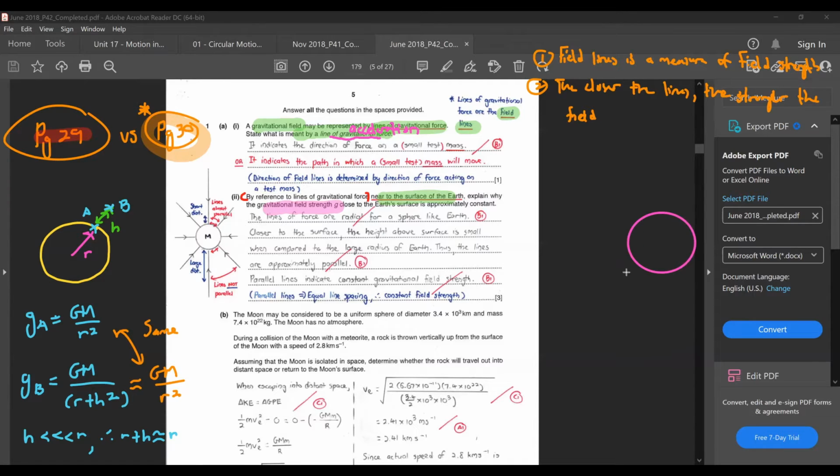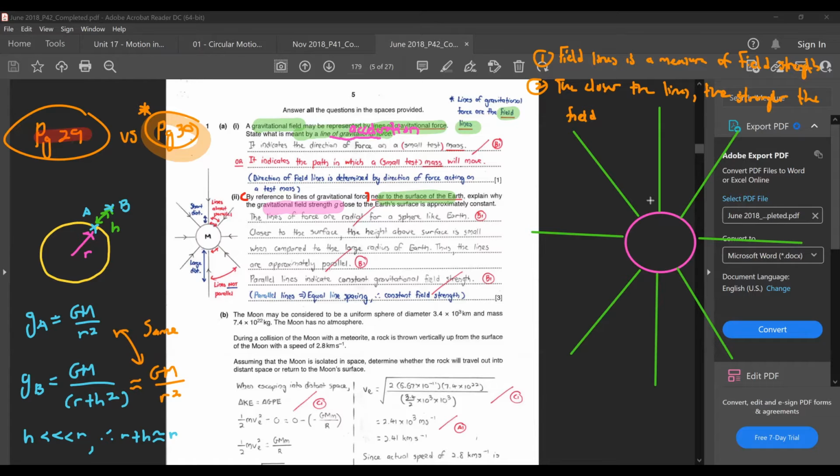So let's just say, for example, I have the surface, this is the planet that I'm talking about. And then the gravitational field lines around it would be something like this. This is an exaggerated diagram. Like this. Okay, so this is how you would expect your field lines to look like for a planet like Earth.